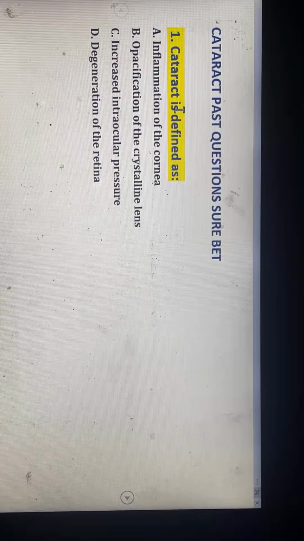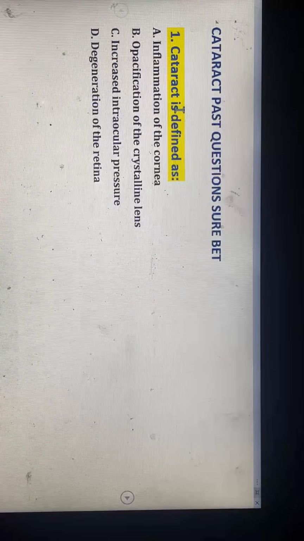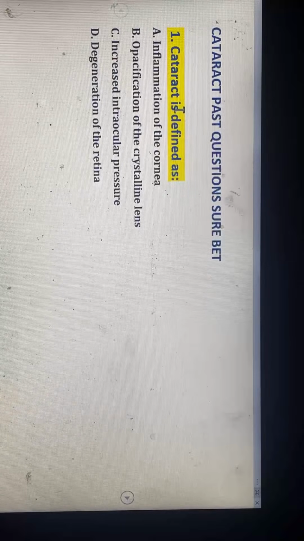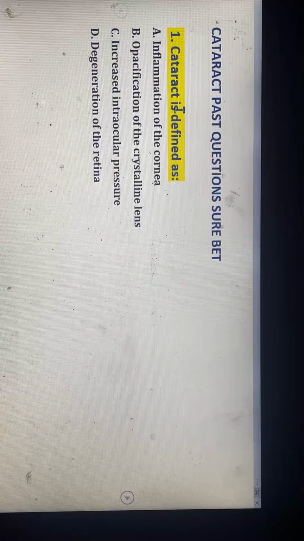Like I told you, these are places where questions can be extracted from in council. These are past questions, so don't joke with it. If it is possible, write it down, because they are very important questions.